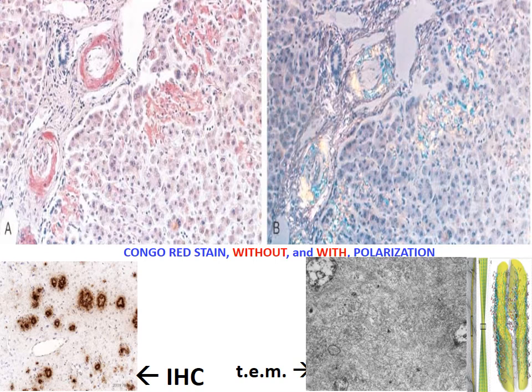Immunohistochemistry can be done for amyloidosis, and this is the electron microscopy, which shows these non-branching thin fibrils of amyloid protein.